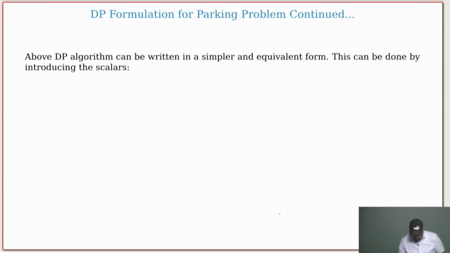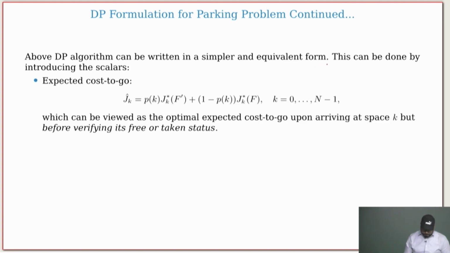So the above DP algorithm can be written in a simpler and equivalent form. This can be done by introducing scalars. So we can define this J hat k, which is the expected cost, covering the cost when it is free and the cost when it is not free.